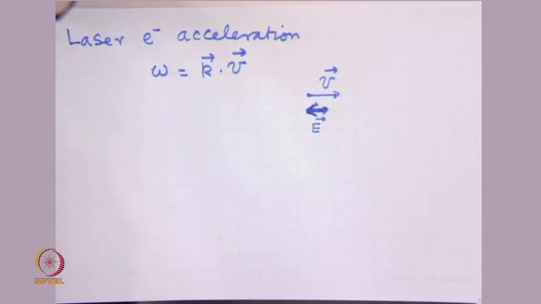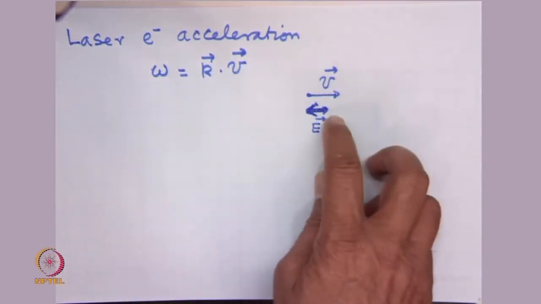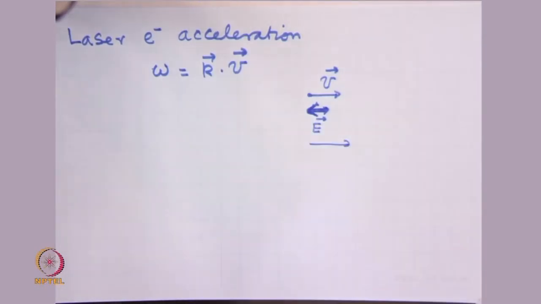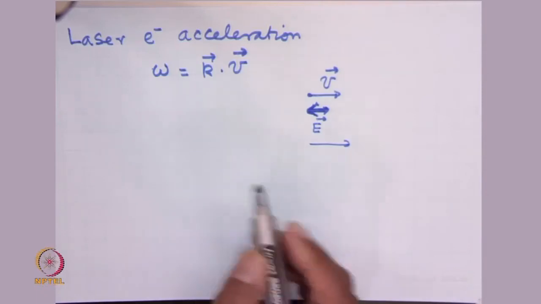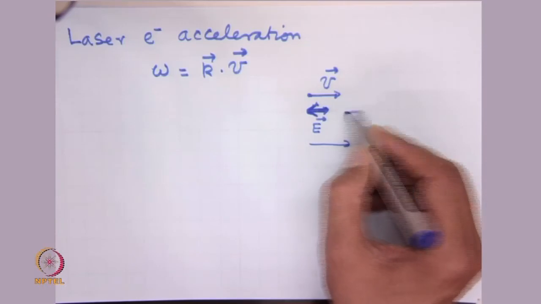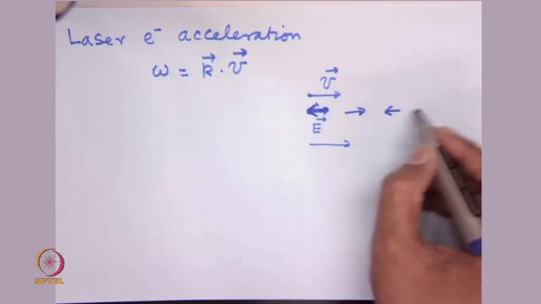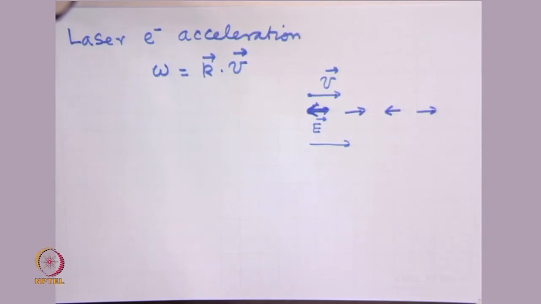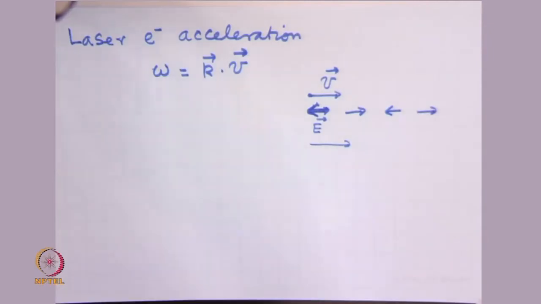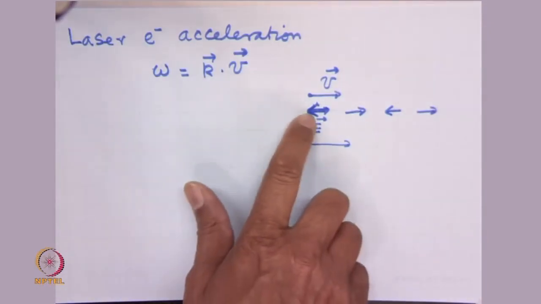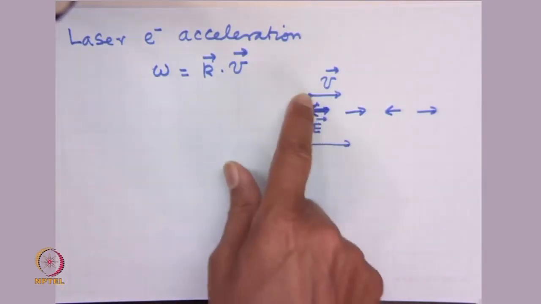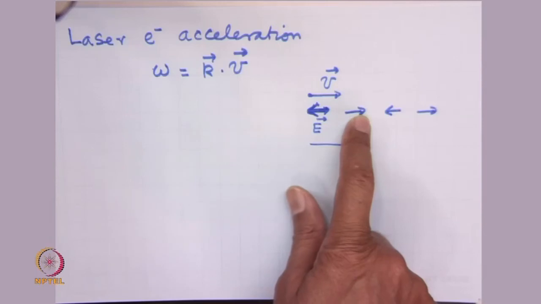Otherwise, for any wave that is traveling in the forward direction, if it is a plasma wave, then the electric field will be in half the region in the backward direction, half in the forward direction, half backward, half forward. And if this entire structure is moving with the same velocity as the electron, then the electron will feel as if the field is always accelerating it. Otherwise, if it starts seeing the other phase, then this electron will be retarded.